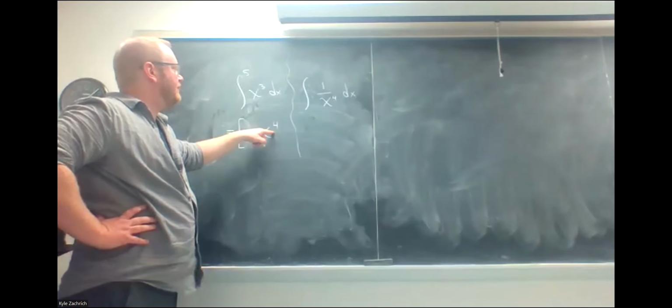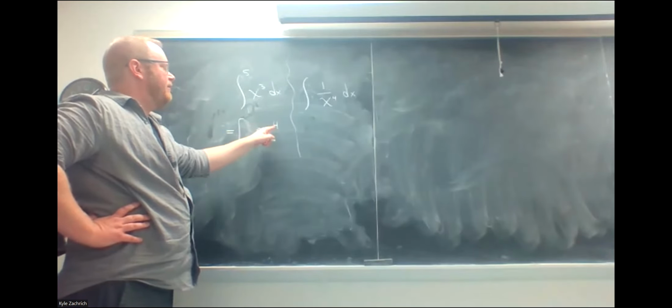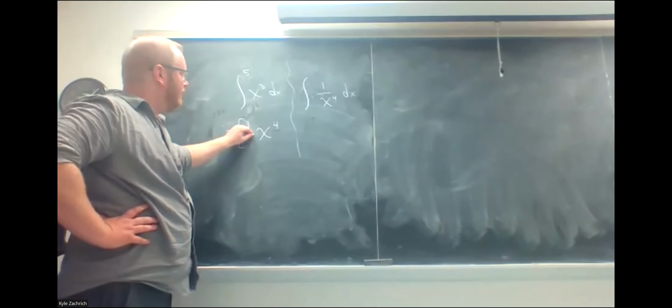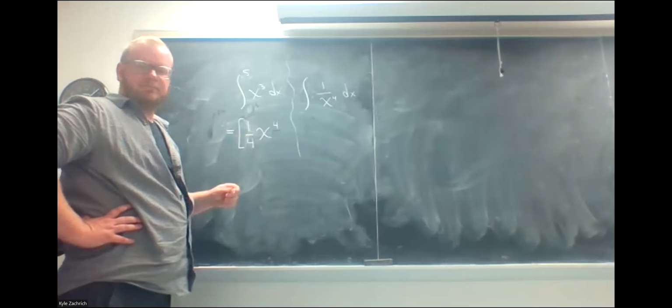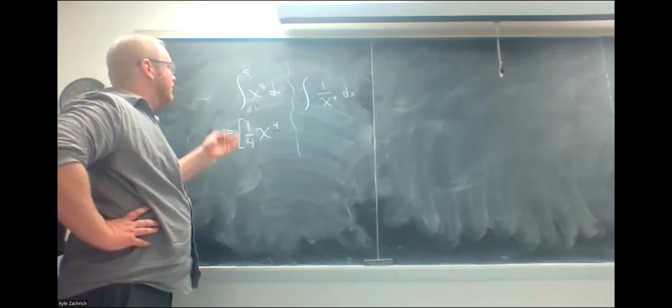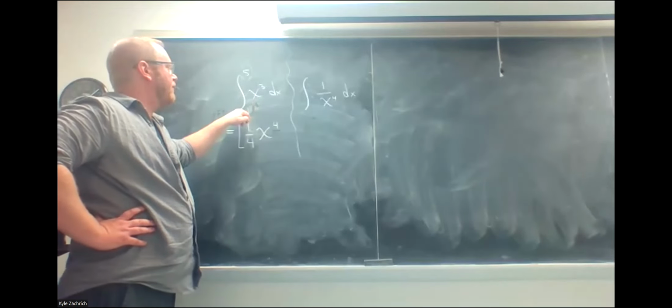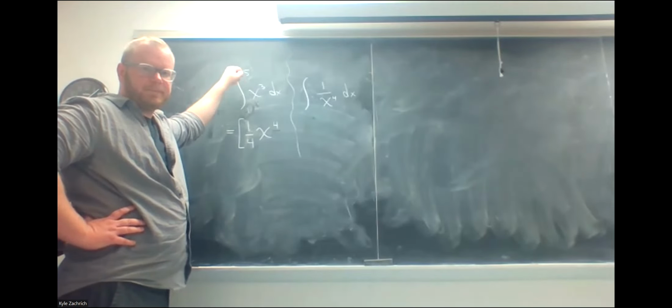So I'm going to add 1 to this. And then secondly, you take whatever that number is and divide the whole thing by that number. So this integral is going to be 1/4 x to the 4th from 1 to 5, right?